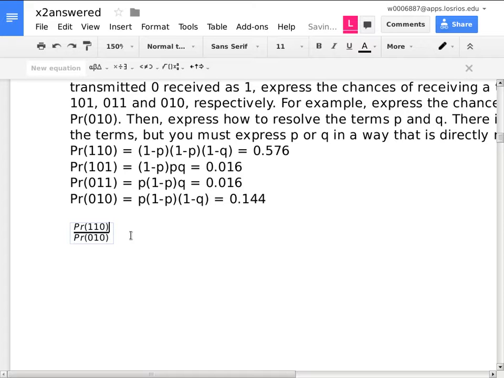I'm trying to find out how to put the equation right after the fraction. There we go.